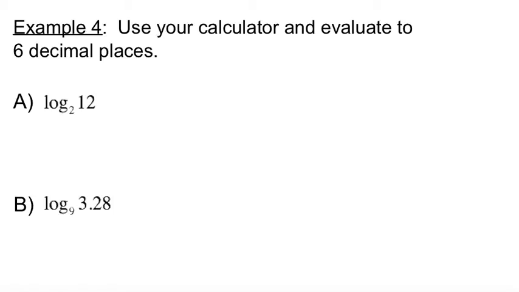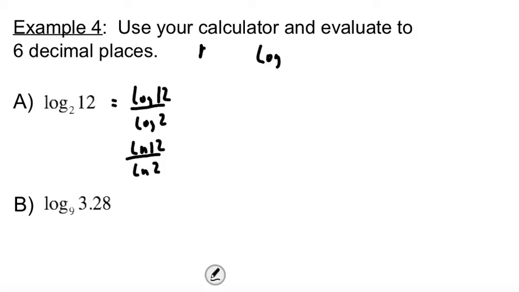So now let's go ahead and use our calculator and evaluate to 6 decimal places. If you're going to use your change of base, this is what you would do: log 12 divided by log 2, or some of you use the natural log of 12 divided by the natural log of 2, or some of you go onto your calculator, go underneath the math button, scroll down to log base.